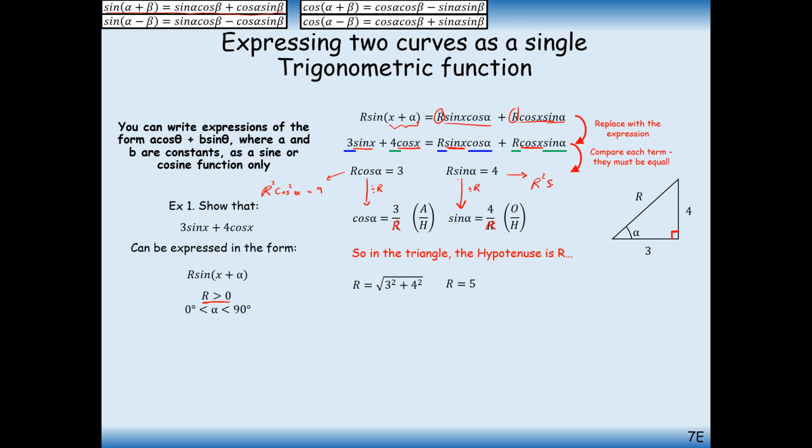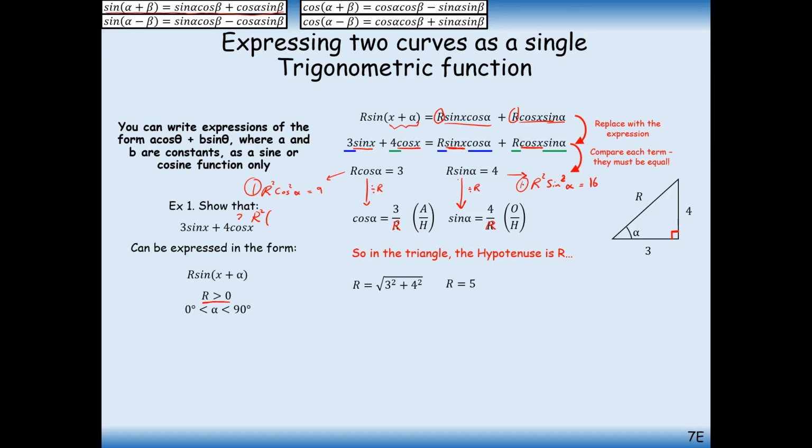R square sine alpha square equals 16, and we can add this equation and factor a capital R out of both those two terms.